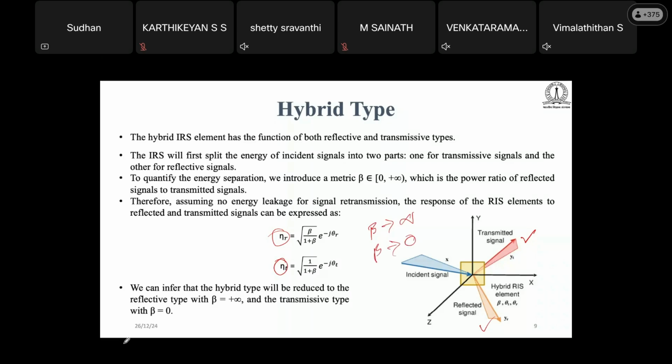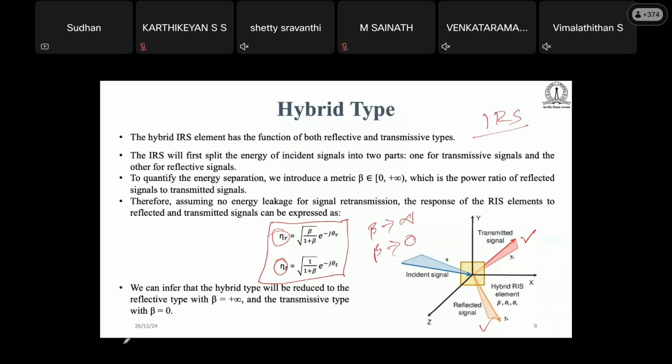So by changing the value of beta in this equation, one can provide both transmitted and reflected signal, which is nothing but a hybrid, or one can simply convert it to a transmitted signal or a reflective signal.